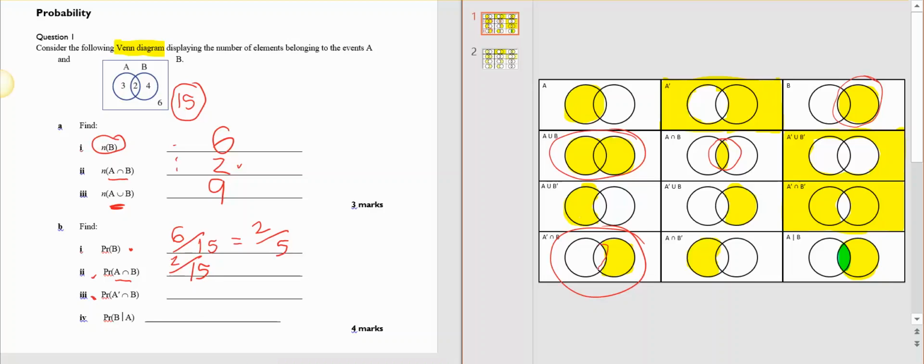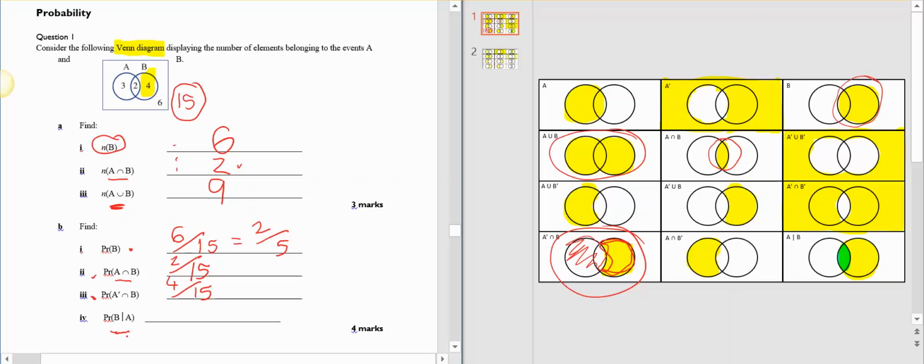And now that is obviously just the ones that are in B, but none of the ones that are in A. So that would be this section here, which is displaying as 4 over 15. Can that simplify? No.